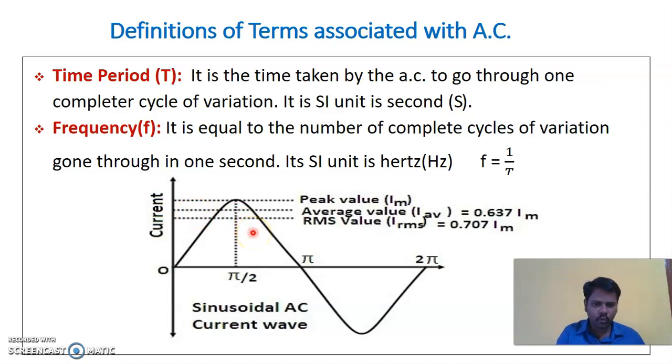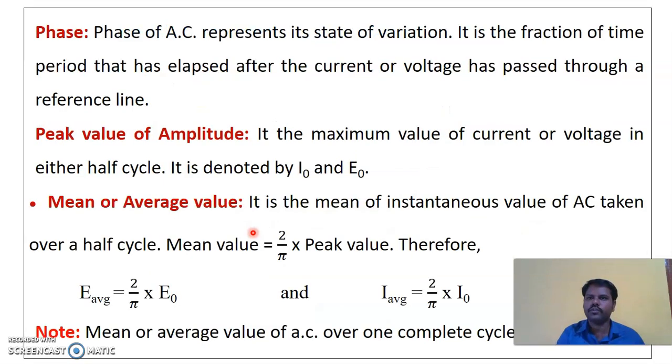Let us understand what the average value and RMS values are. Mean or average value, as we have defined, the mean or average value of AC over a complete cycle is 0. Now we redefine that statement.